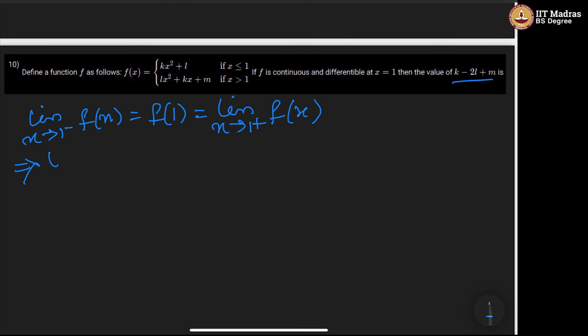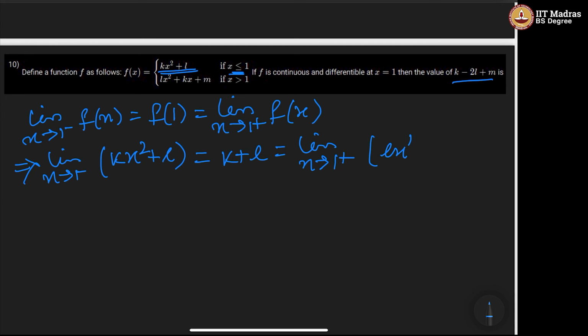So let us just put the values. For 1 minus, because we are taking 1 minus, we will take this function, which is kx square plus l, equals f(1). So here we will just put 1. So we will get k plus l equals the limit x tending to 1 plus of lx square plus kx plus m.